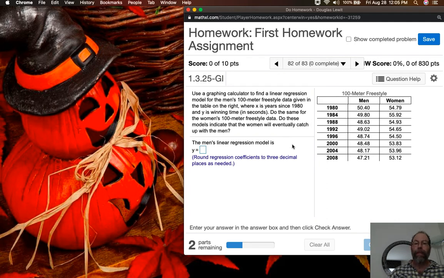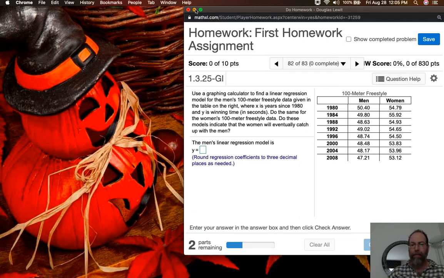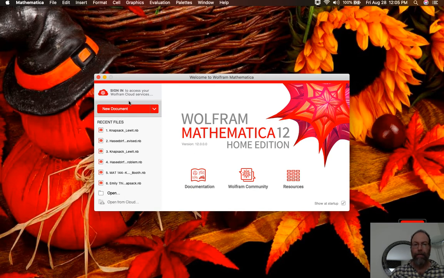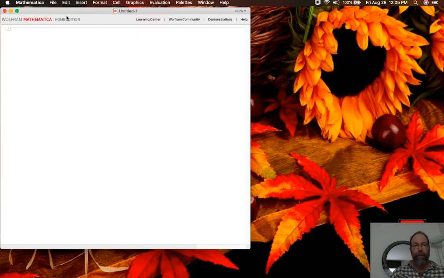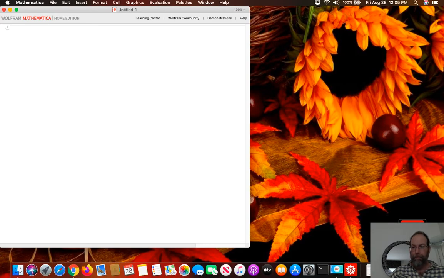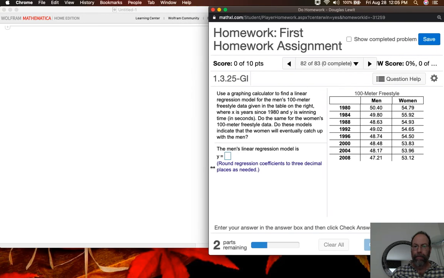So the men's linear regression model is, okay, so let's work on that. Let me minimize this first. Hold on. Let me launch Mathematica. Okay. New document.